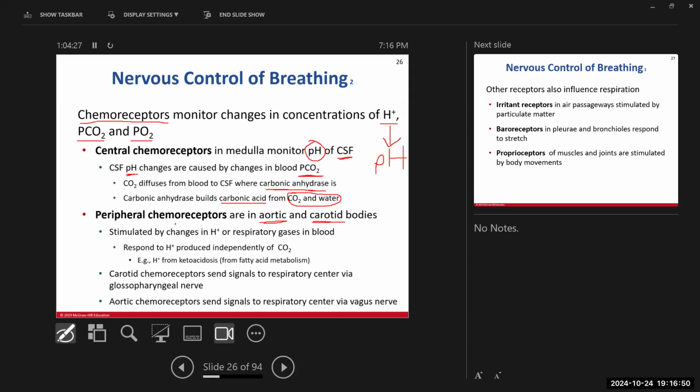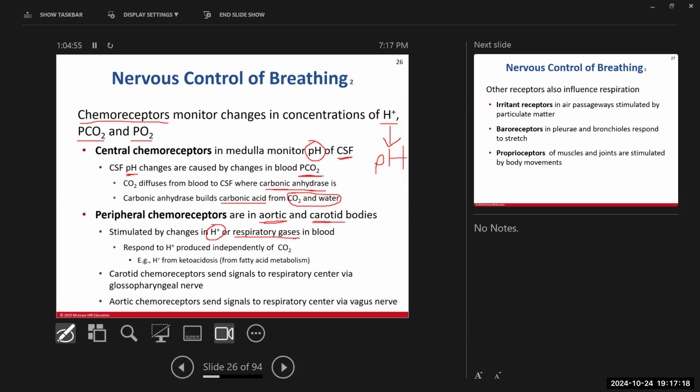Then we've got our peripheral chemoreceptors, and they're going to monitor the concentration of hydrogen ions floating around in your blood and your carbon dioxide and oxygen levels here. So basically these three things: hydrogen ions, carbon dioxide, and oxygen.